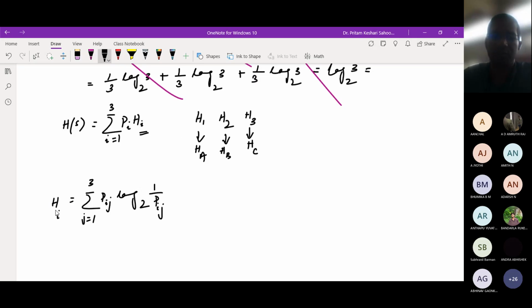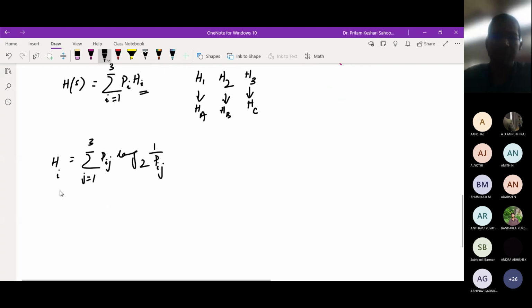So if we consider i equal to 1, then it will be H of 1, which is nothing but our H of A. That means we will take i equal to A, B, and C. So when i is equal to A, H of A is equal to the summation over j from A to C, rather than 1, 2, 3, because the states are numbered as A, B, C, not 1, 2, 3.